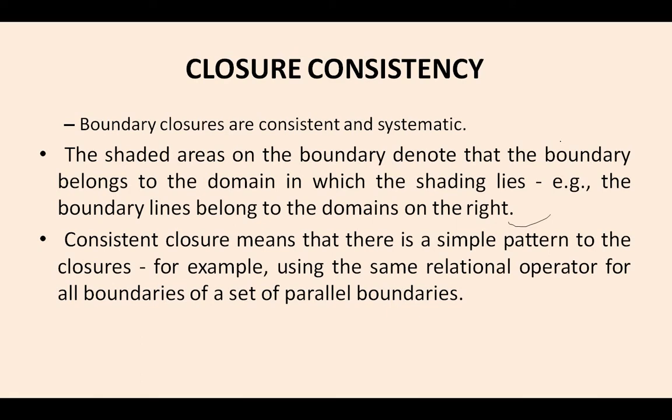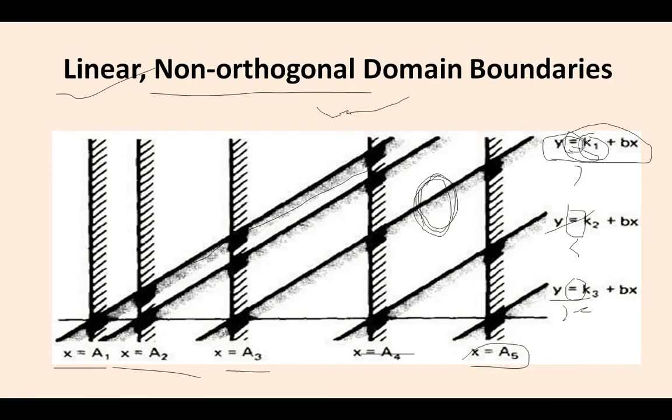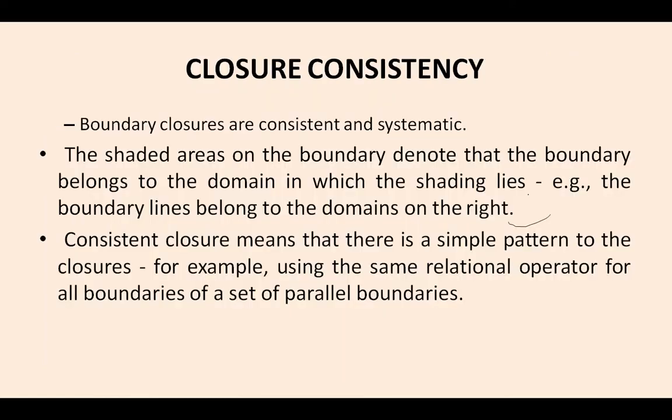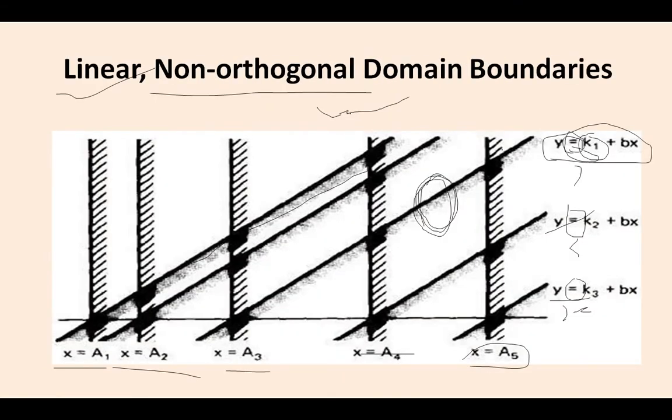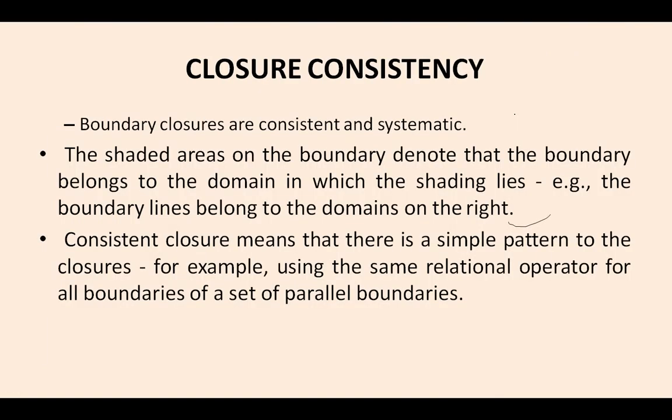Whenever we follow the same relational operator for all the boundaries which are parallel to each other, we can say that is called closure consistency. Closure consistency means it has to follow two different kinds of properties. The first property is having parallel boundaries. The next one is using the same relational operator.